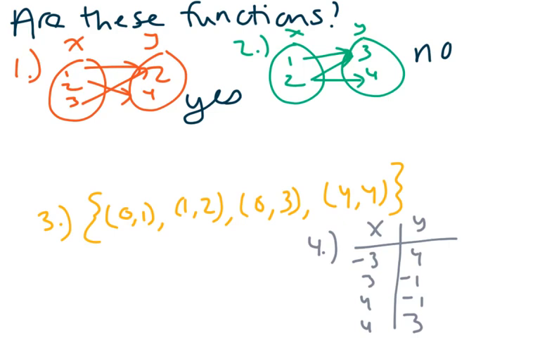I want you to think of the x's as being people and the y's as being places. So we have people and we have places. When the bell rings, is it possible for 2 of you that are sitting in this class, your people, to go to the same place?